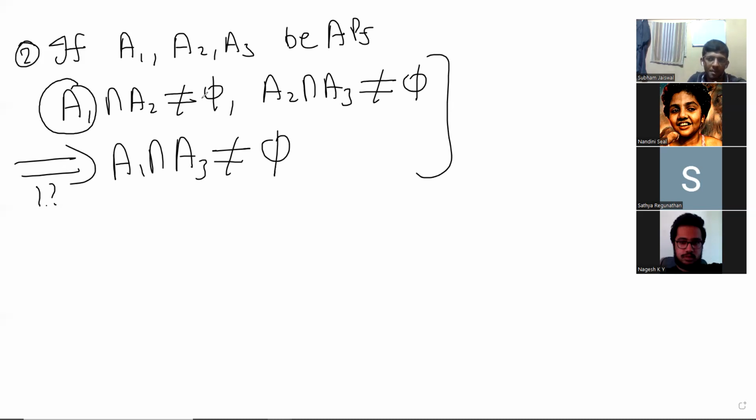This phi means empty, and similarly, this means that it's not empty. And then the question is, does it imply that the first and the third also have a term in common? It's not necessary to interpret this notation too carefully.